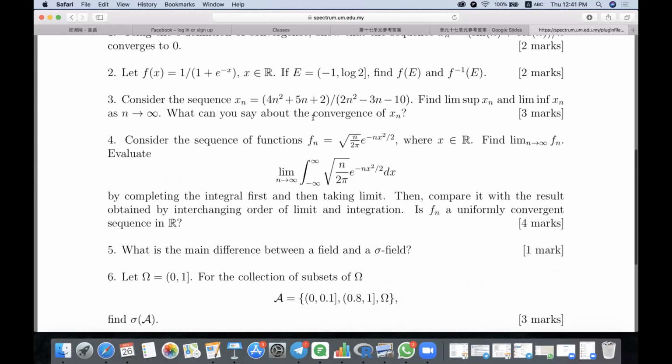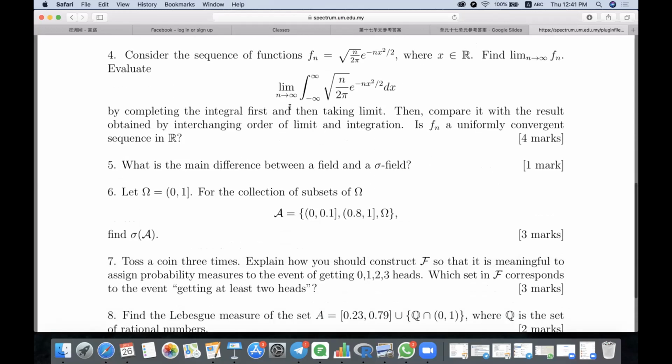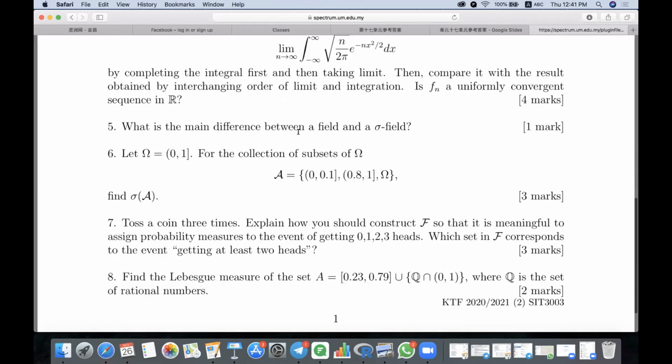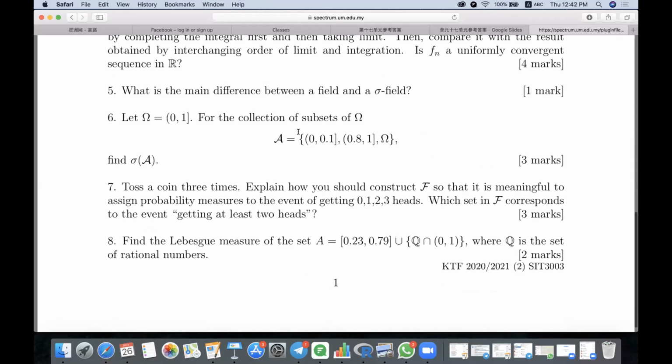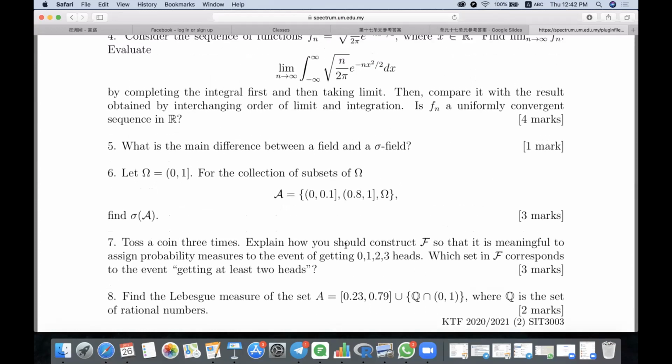Then you have mappings and inverse mappings, limit supremum, uniform convergence, and some basic things about field and sigma field. Sigma field generated by a collection of subsets, and some similar materials that we just covered today. Lebesgue measure. Overall, not a complicated assignment.